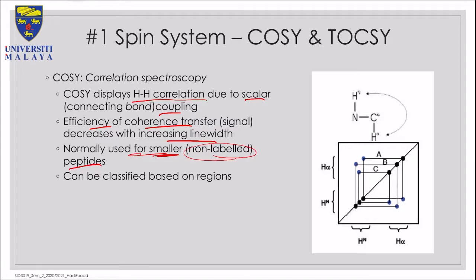For example, they will put in an increased amount of carbon-13 inside the growth media so that the bacteria will actually use a high amount of carbon-13.